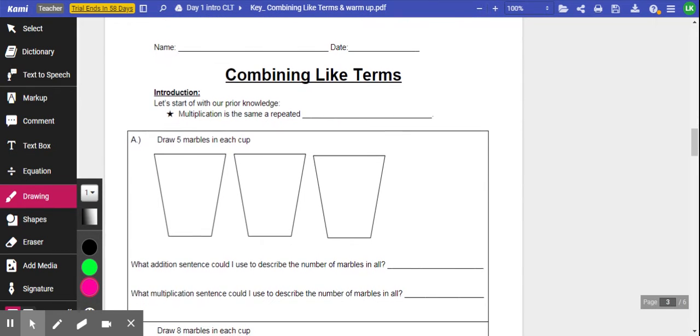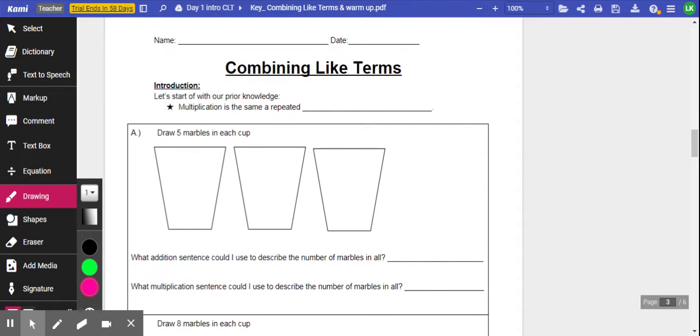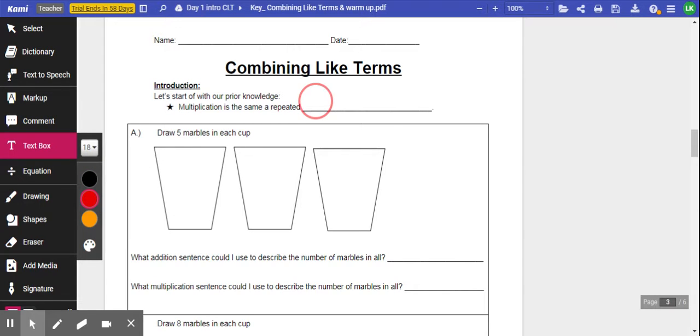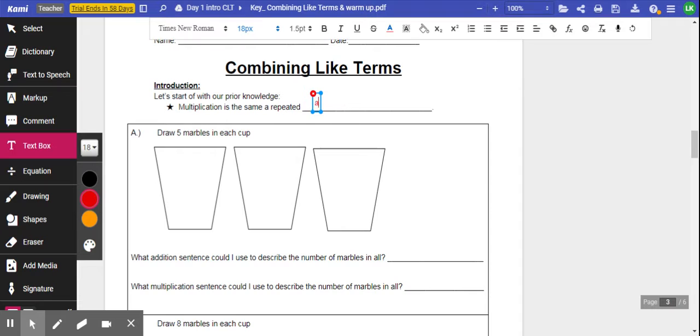Go ahead and scroll down to page 3. So let's talk about this. So introduction, let's start with our prior knowledge. Multiplication is the same as repeated what? What is multiplication a shortcut for doing? Yeah, it's a shortcut for addition.